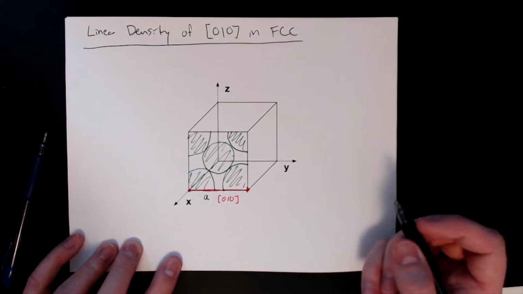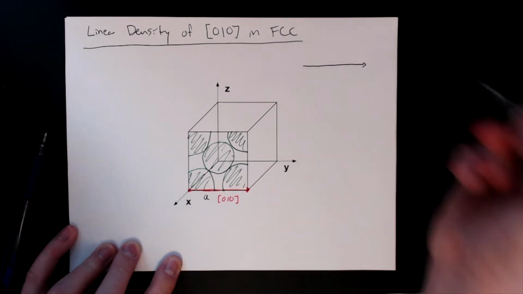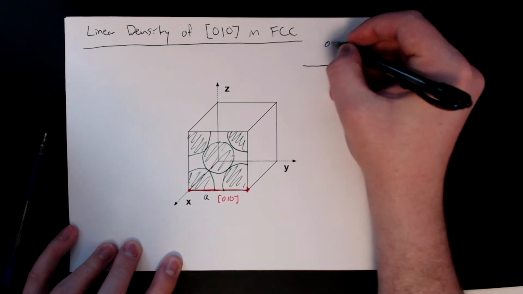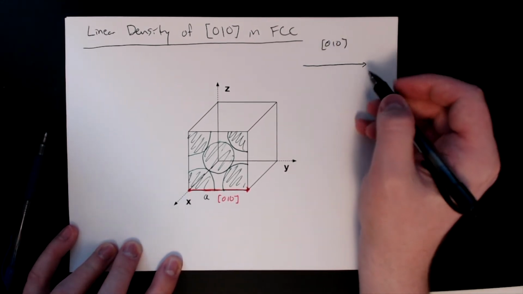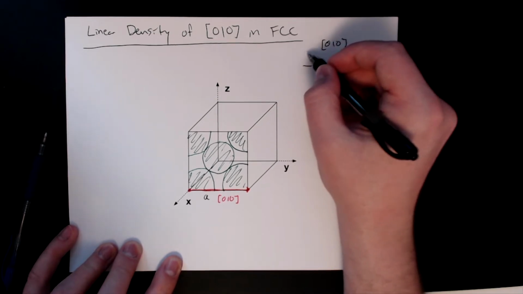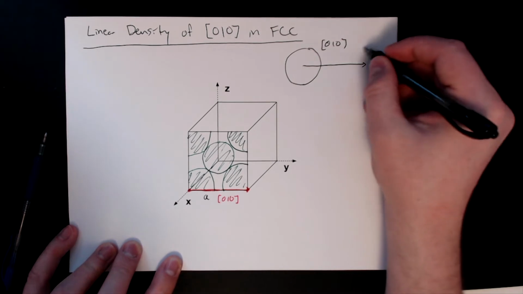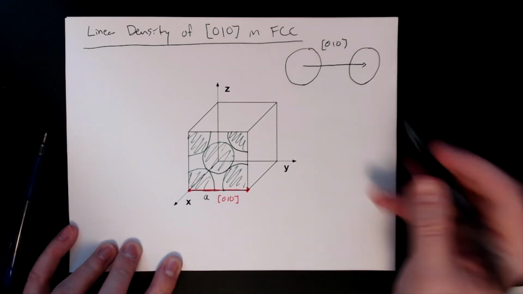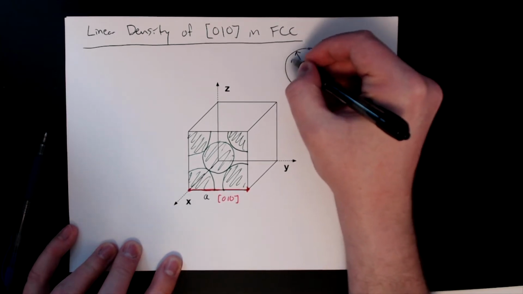And if we redraw it by itself, so this is our 0, 1, 0 direction, the start to the end, we see that we have basically an atom centered on the corner and another atom centered on this corner, and I try to draw them as close together as possible. So this is R, right?